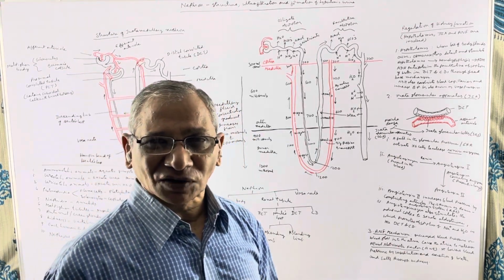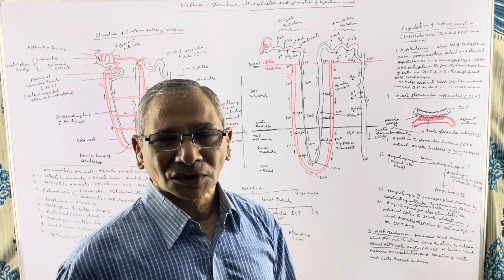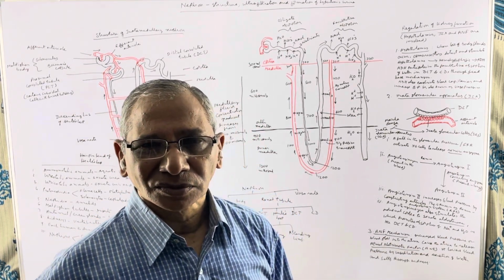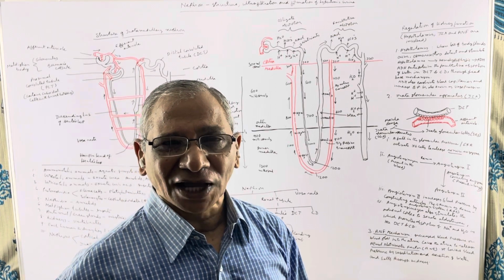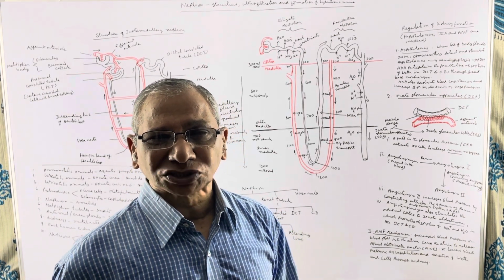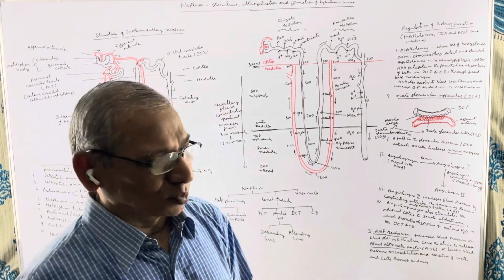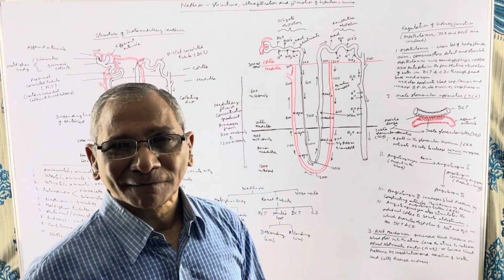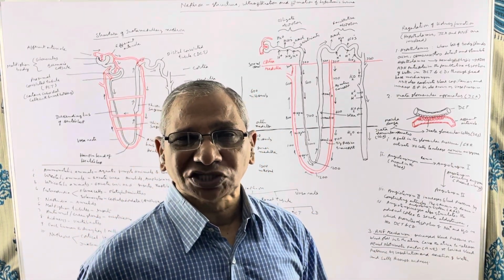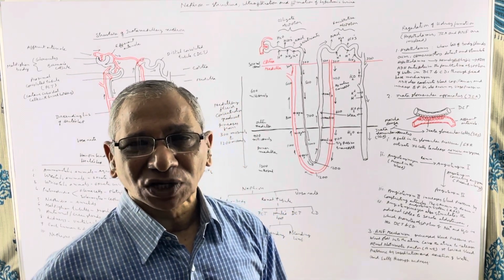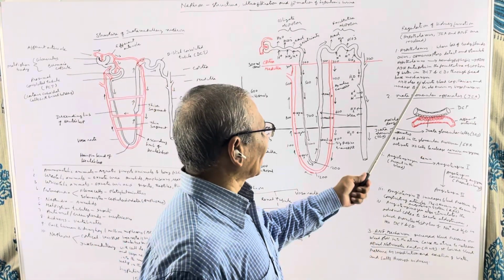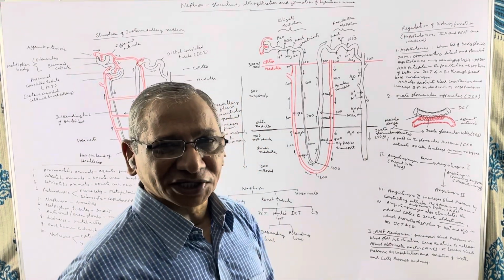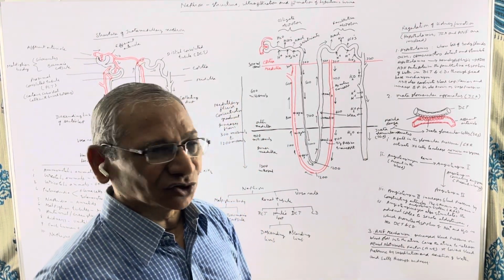The hypothalamus is the floor of the diencephalon, and below the hypothalamus there is the pituitary gland. The pituitary gland has three lobes: anterior lobe, middle lobe, and posterior lobe or neural lobe. So the hypothalamus directs the neurohypophysis, or posterior lobe of the pituitary, to release a hormone known as ADH, or antidiuretic hormone.